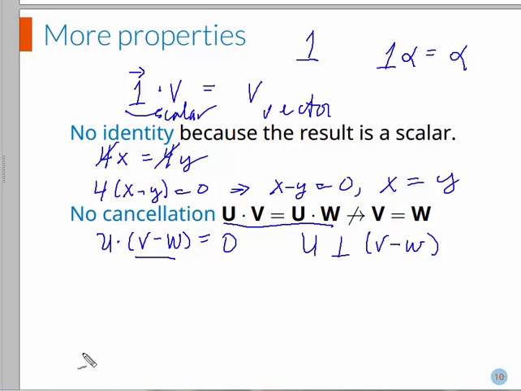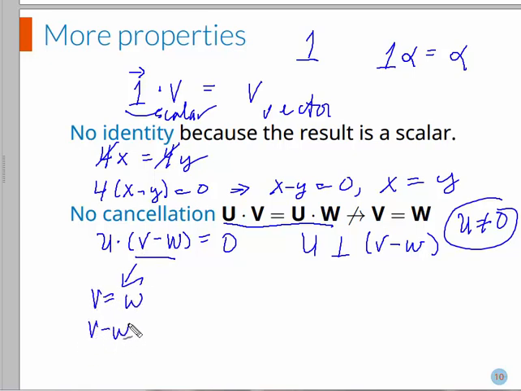It doesn't have to be 0. It could be 0. We're going to assume here that u is not 0. Otherwise, of course, it's another case. It is possible that v is equal to w, in which case v minus w is the 0 vector, so u dot the 0 vector is equal to 0. Okay, and that's similar to the case up here, but it's not the only case.